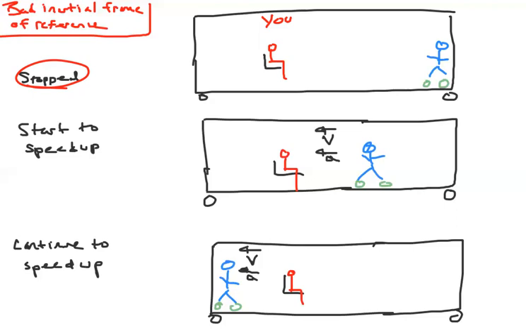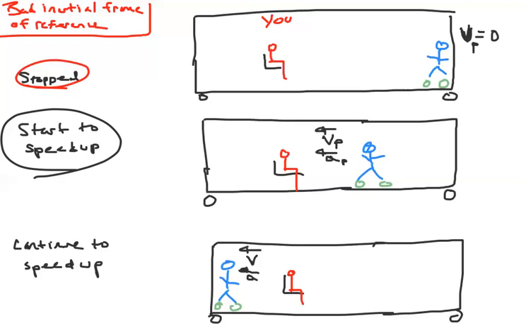Well, sure enough, the bus starts to move. And what starts to happen? Well, the person standing at the front of the bus, initially, had a velocity of 0. They weren't moving. They were stopped. And then what happened? Not only did they start to move, but they're speeding up. And what does that mean?